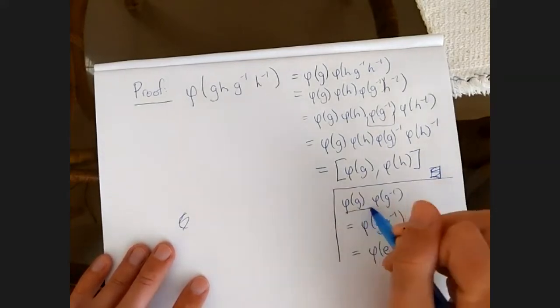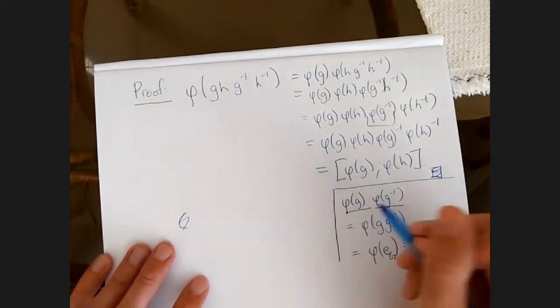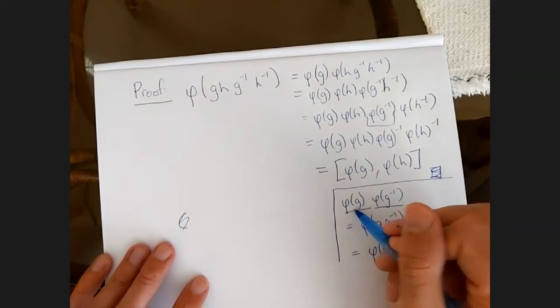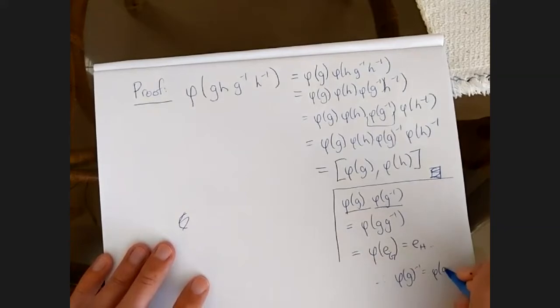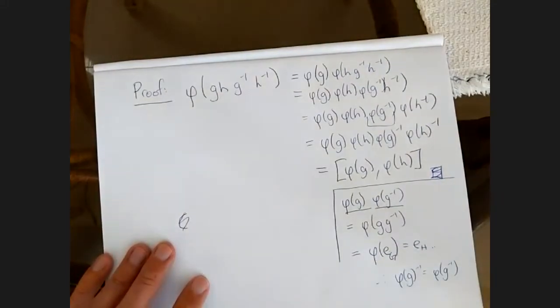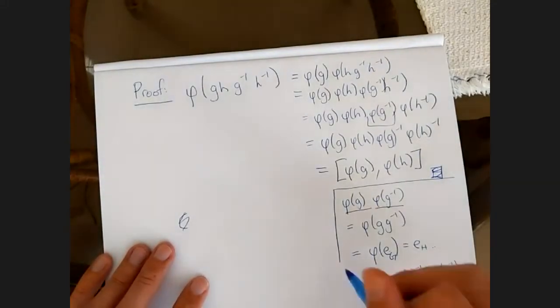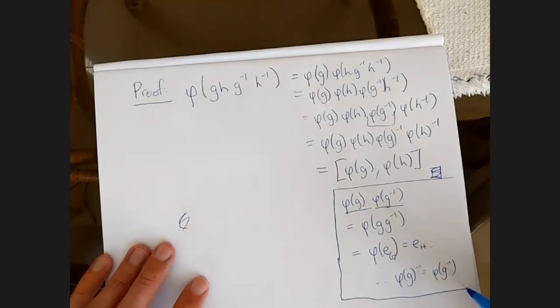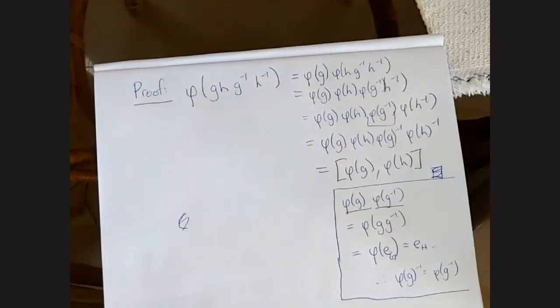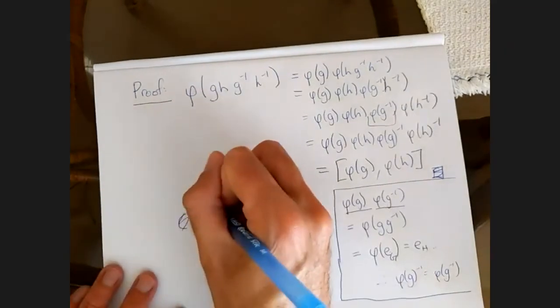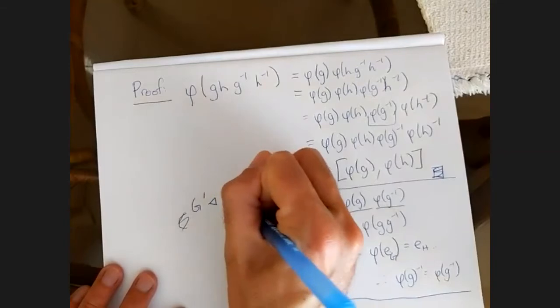And now this equation tells us that the inverse of phi of G is phi of G inverse. Okay, and that is a quick explanation of why we do one of those steps. So now we have that G prime is a normal subgroup of G.